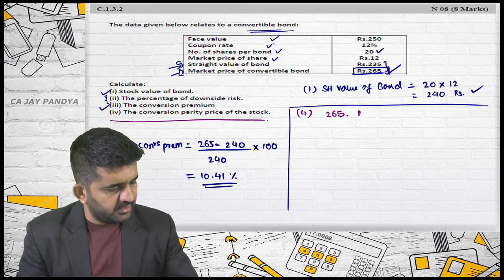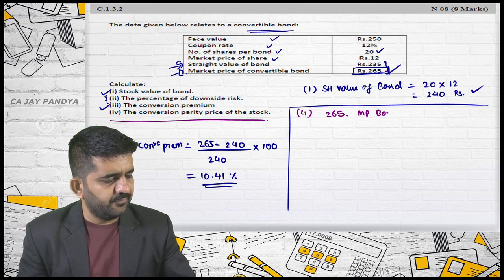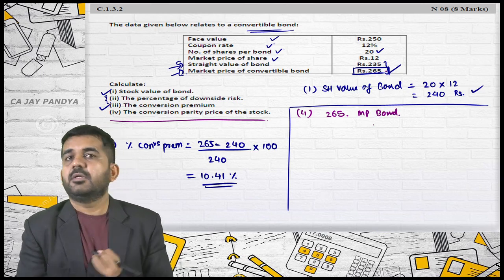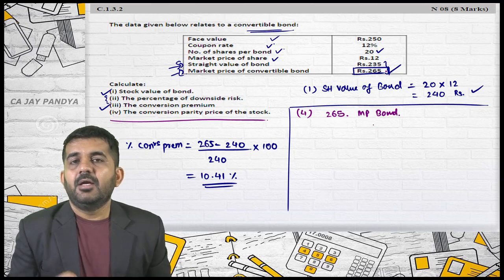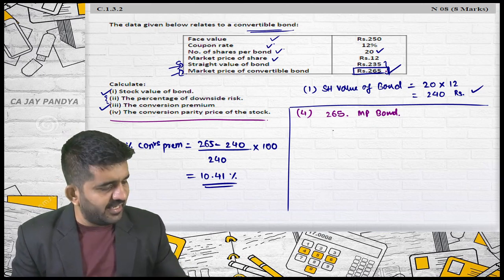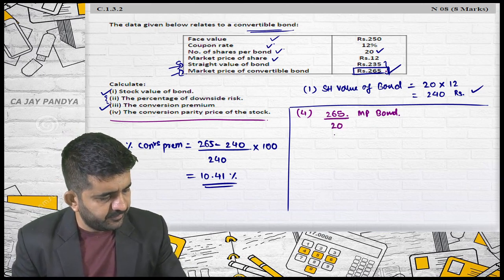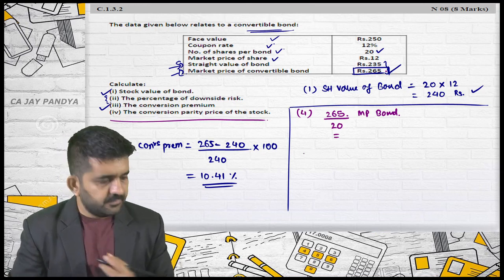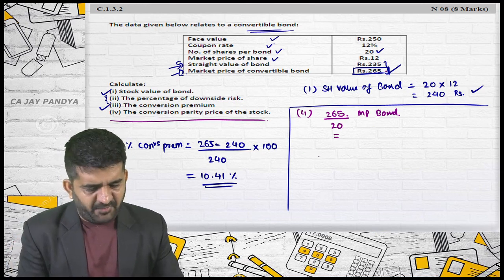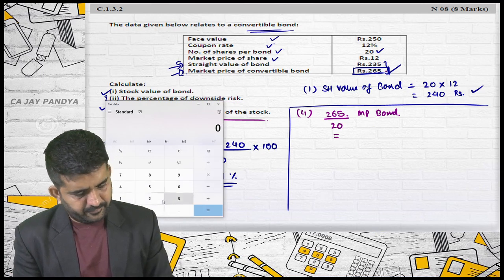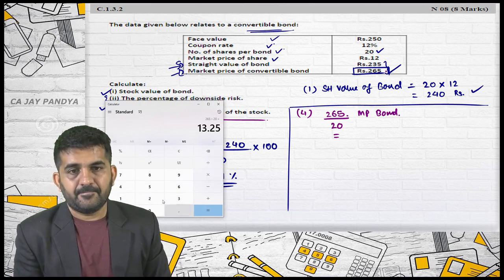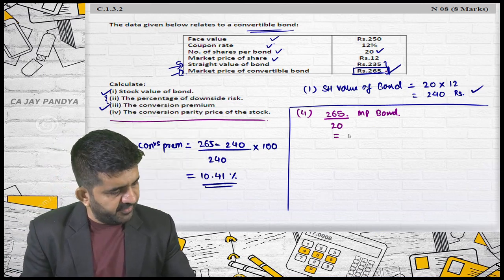This is the market price of the bond. Divided by how many shares you are getting per bond? 20. Is it alright? 265 divided by 20. It is 13.25.